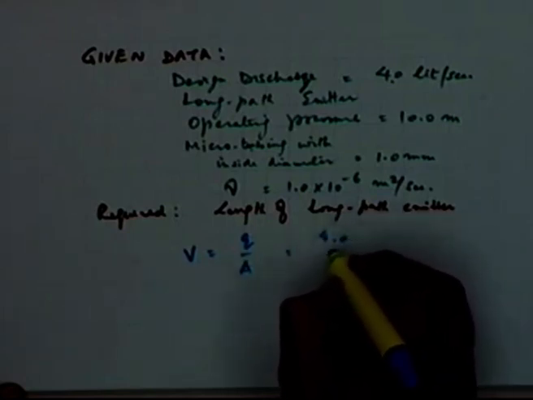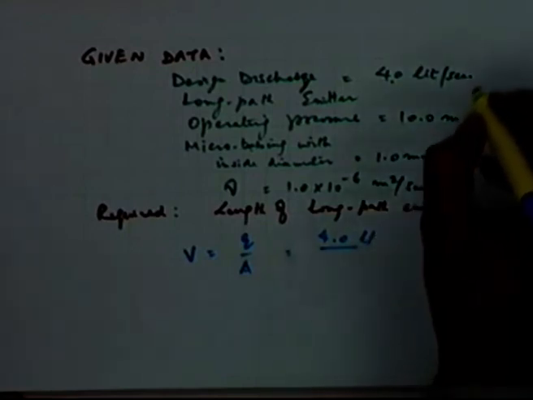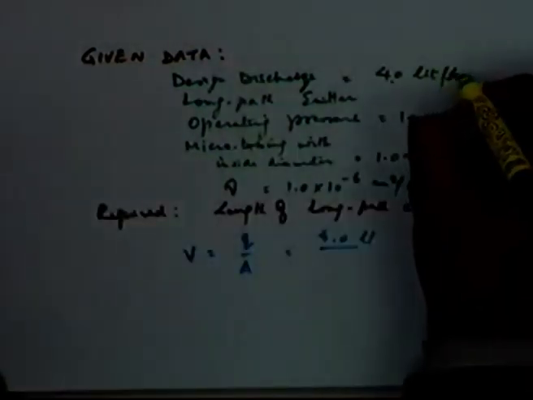So, Q is 4 liters per, I'm sorry, this is not 4 liters per second, this will become too much. This is 4 liters per hour.